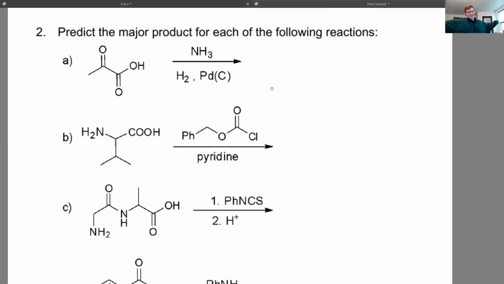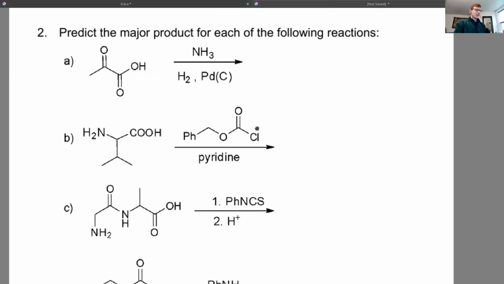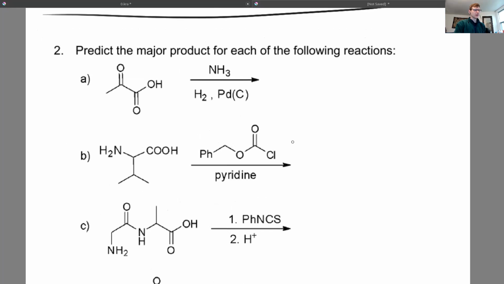Okay, predict the product. Oh, nice. These are fun. I like these. All right. So the first product is just alanine. Is alanine, right?